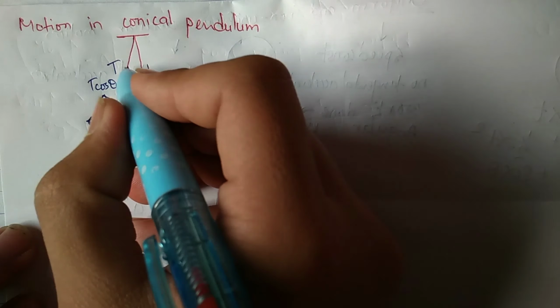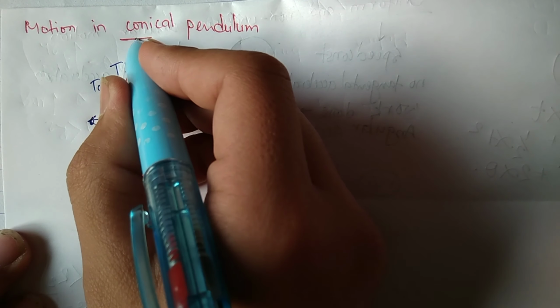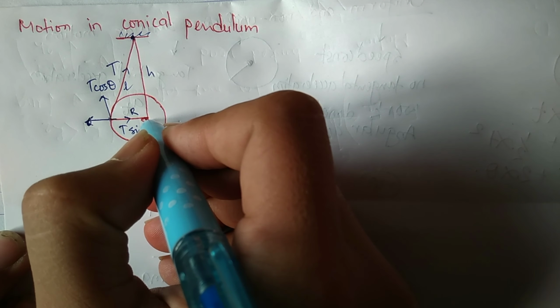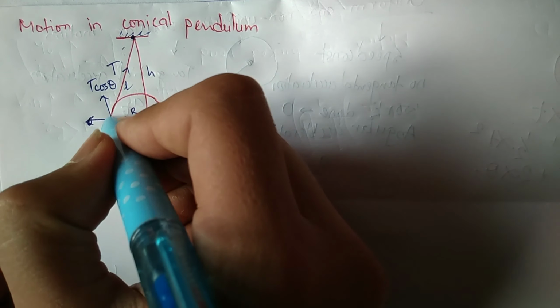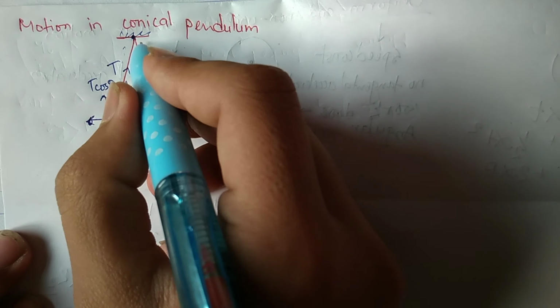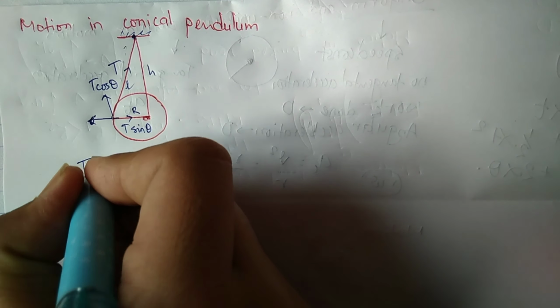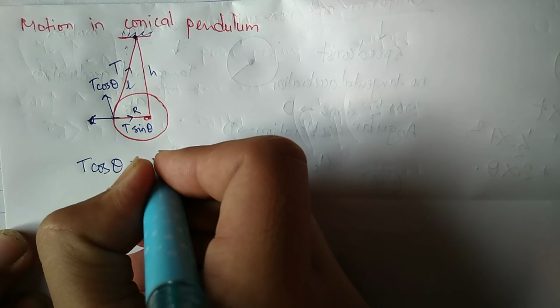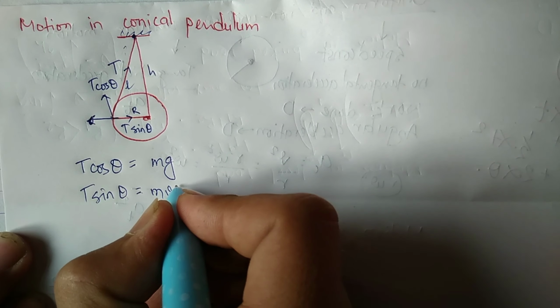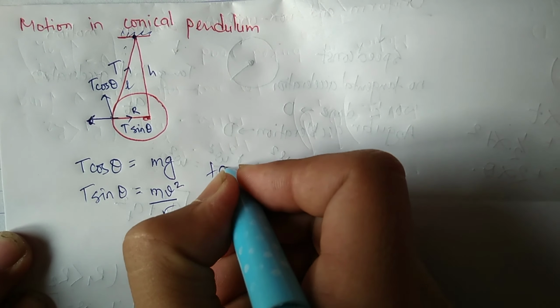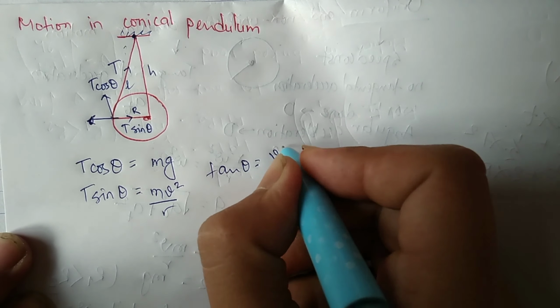Here is the tension from the suspension, and it will be T cos theta outside, T sin theta to the inside of the circle. This is the length of the rope, and then this is the height from the center, and this is the radius. So now T cos theta will balance the gravity, and T sin theta will give the centripetal force. So it will be tan theta is equal to v square by rg.